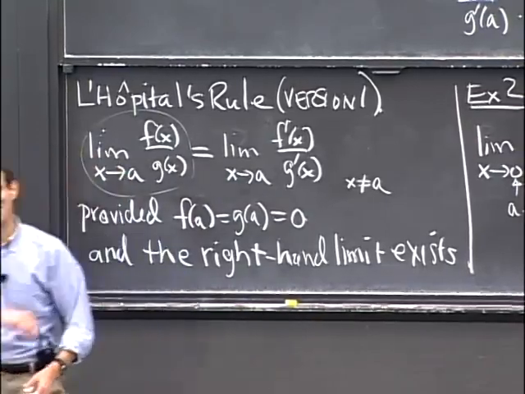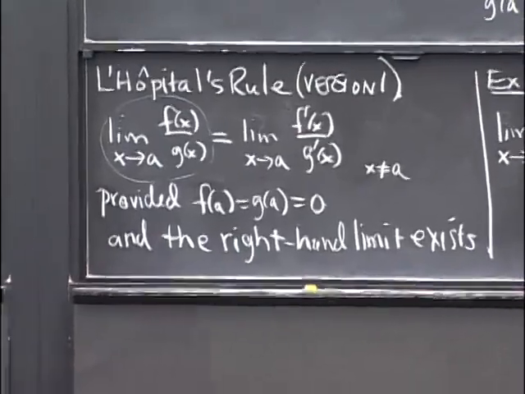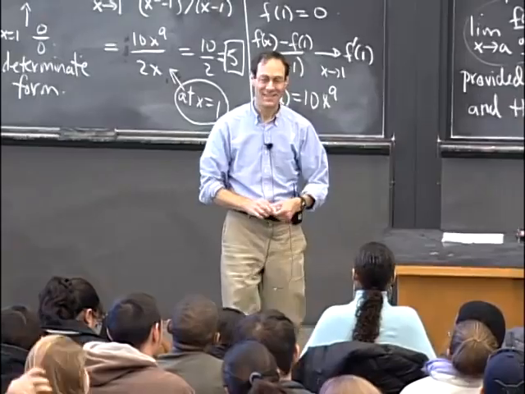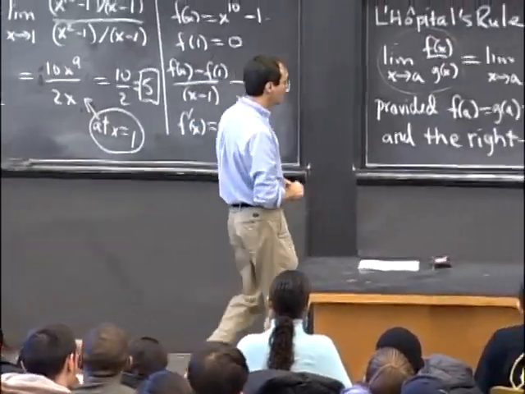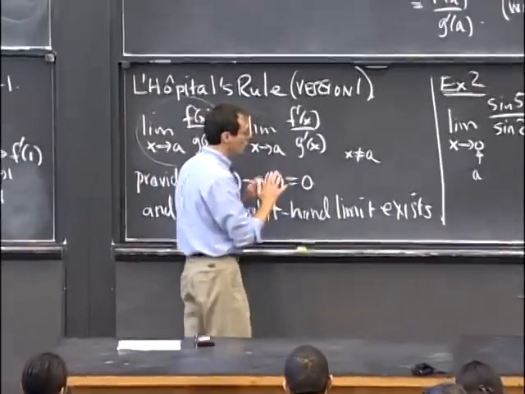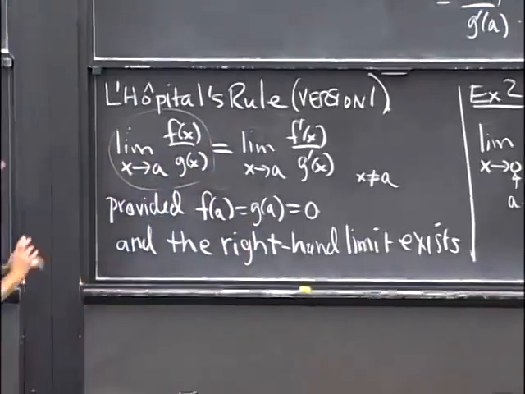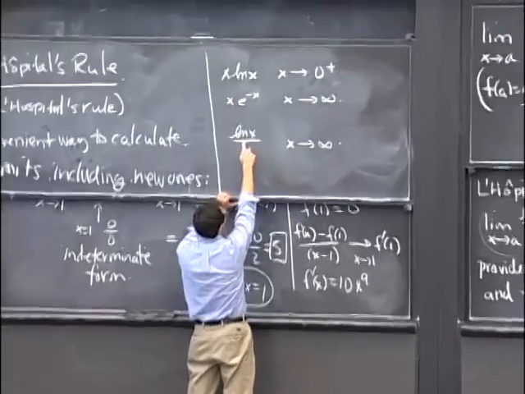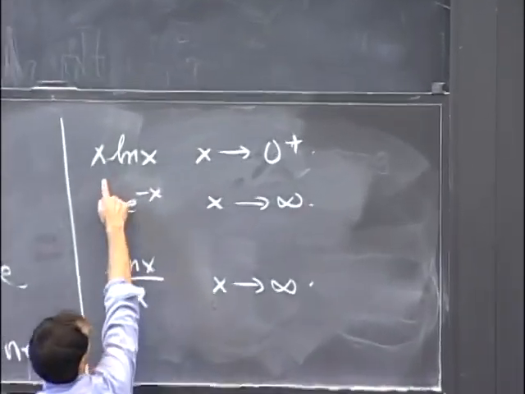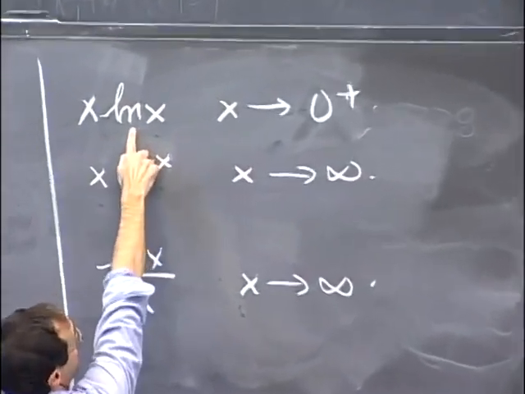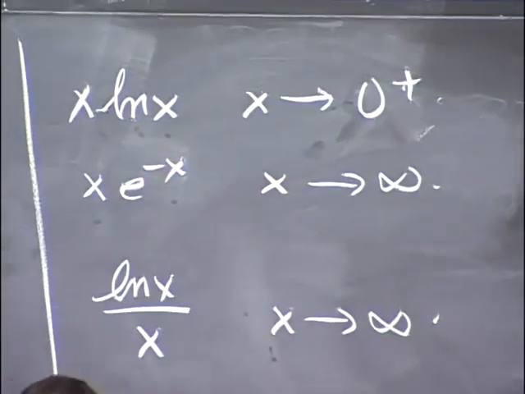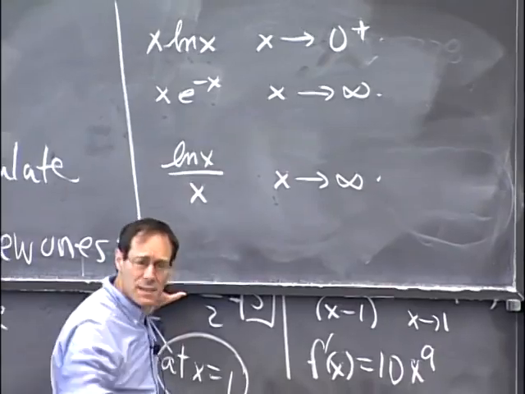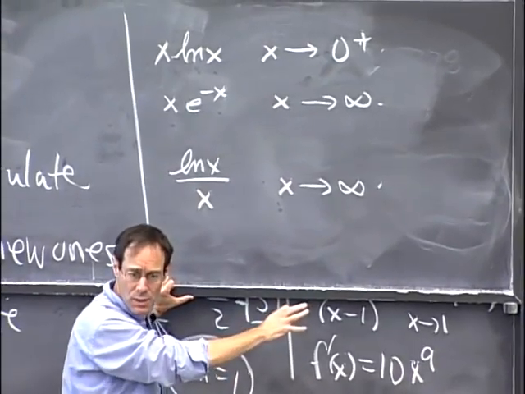Another question. Thank you. You said that the right-hand limit has to exist, but if one doesn't exist, or it just doesn't exist? So I'm getting a little ahead of myself, but let me just say, in these situations here, when x is going to 0 and x is going to infinity, for instance here, when x goes to 0, the logarithm is undefined at x equals 0. Nevertheless, this theorem applies, and we'll be able to use it.